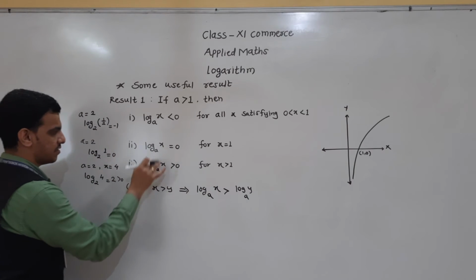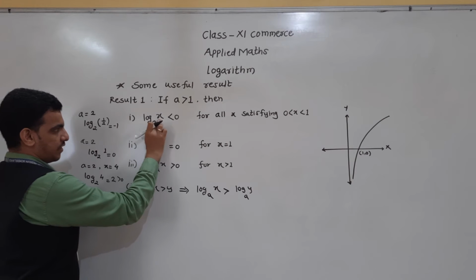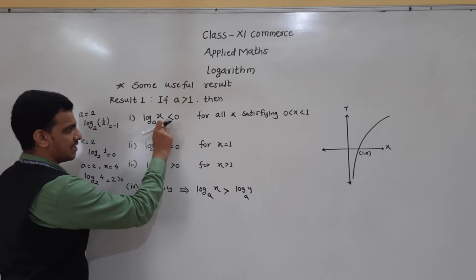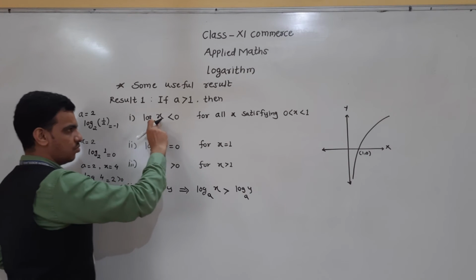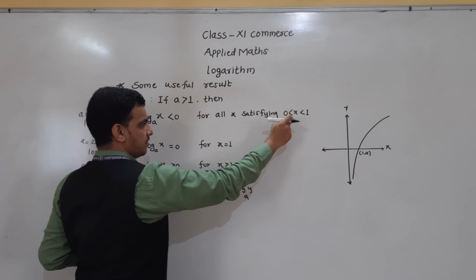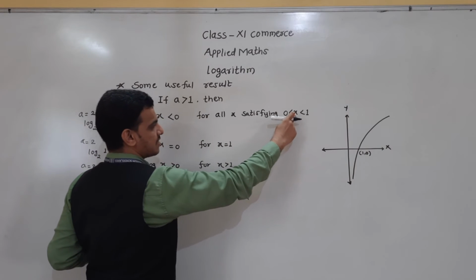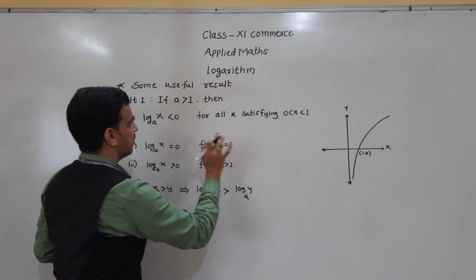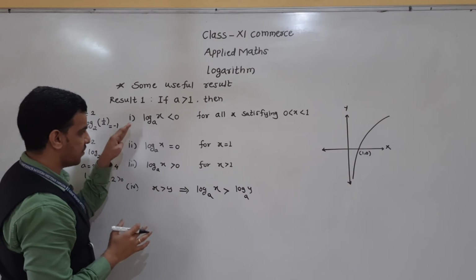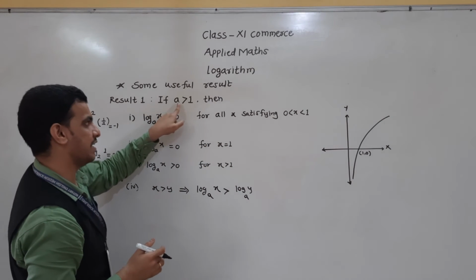So understand this result: log x to the base a is less than 0 for all x satisfying this condition, that is x is in between 0 and 1. Okay, this condition we are discussing only for a greater than 1.